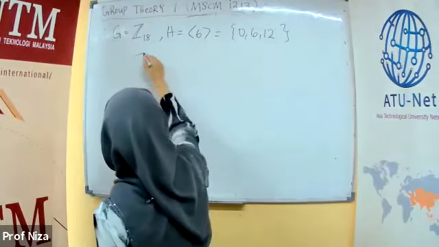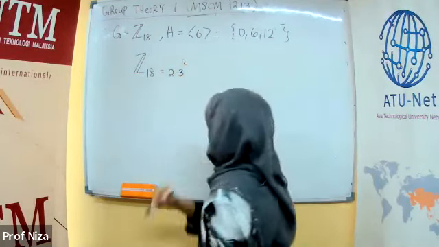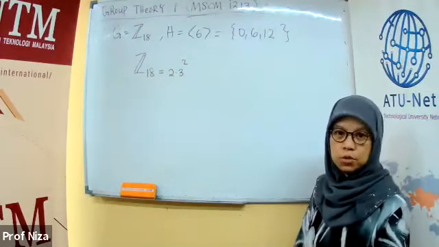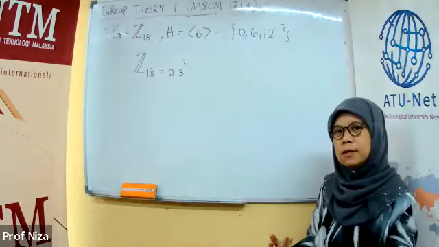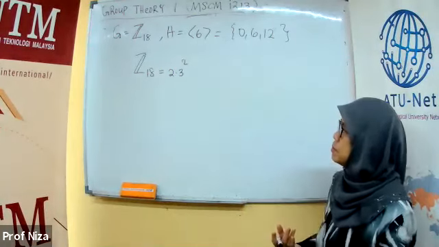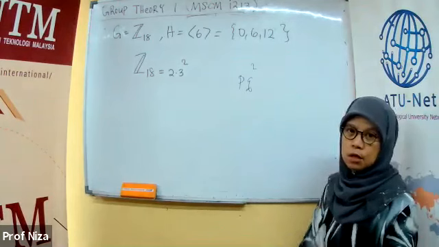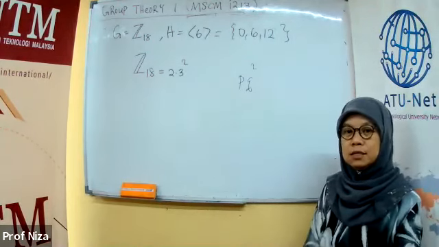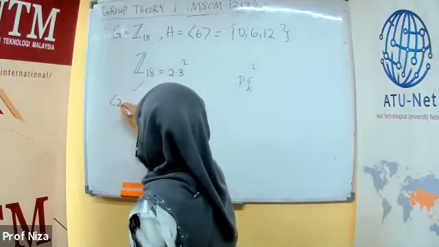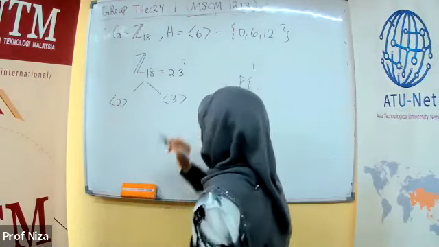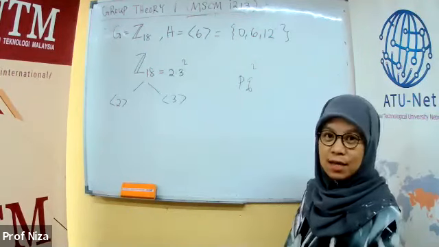Okay, you know 18 is 2 times 3 squared. So if you need to find all subgroups, or for any p times q squared, if you list the lattice diagram, it is generated by 2 and generated by 3, because it divides 18, right?